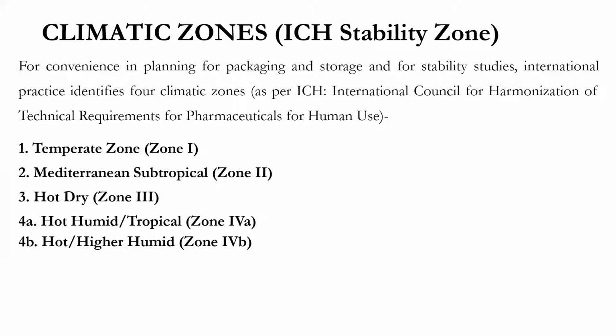The fourth has been subdivided into two: hot humid, also known as tropical, and higher humid, that is, hot higher humid. So that is zone 4A and 4B. The total zones are four, but four is again divided into A and B.